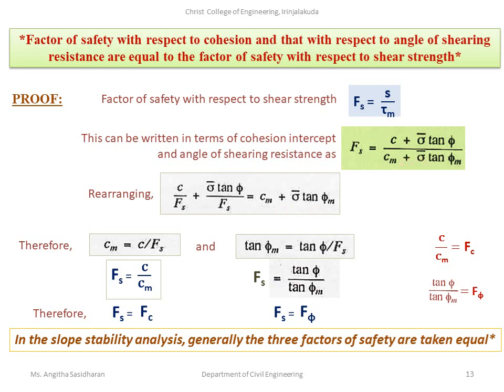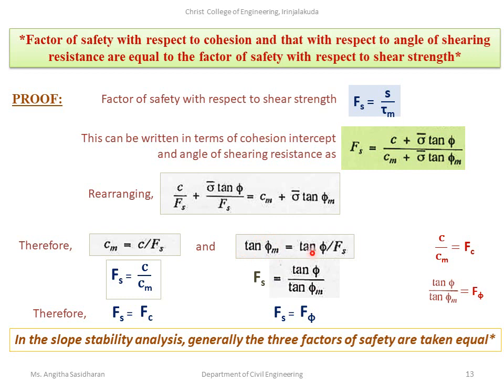If you compare, you understand c divided by Fs is equal to cm, and sigma bar tan phi divided by Fs is equal to sigma bar tan phi m. If you strike off the common term sigma bar, you can understand tan phi m is equal to tan phi divided by Fs. This is written here.